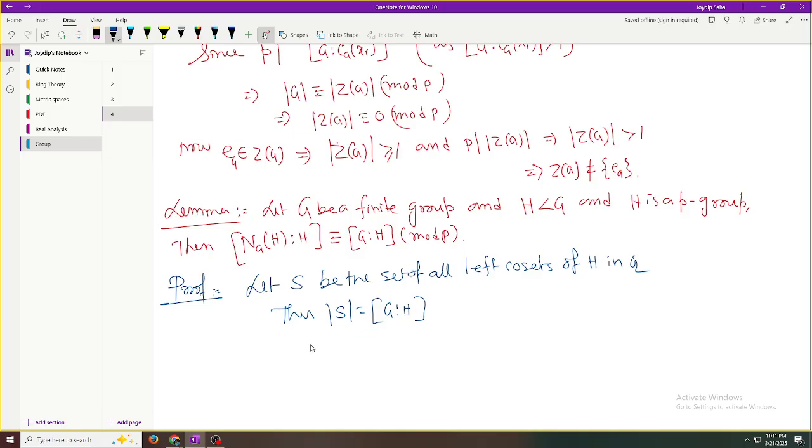This is the notation of the cardinal number of the set of all left cosets. Now define the action H cross S to S, theta, sending (h, xH) to hxH.